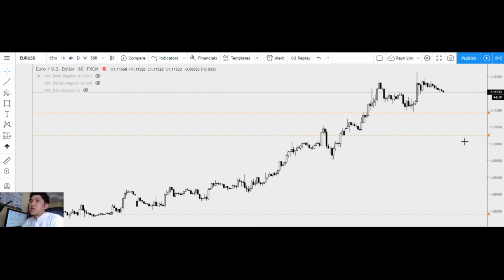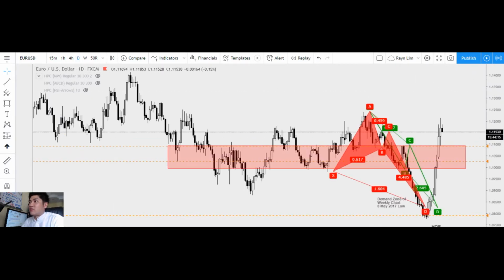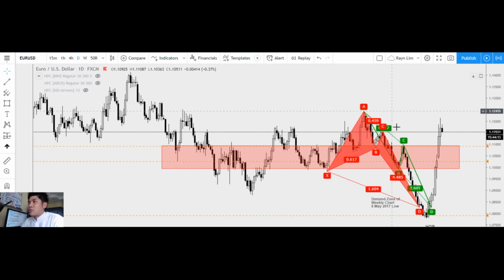Alright, good. So back to the daily chart, let me share with you my analysis over here. This was the bullish crab and ABCD pattern I shared two weeks ago on our weekly market analysis. So check out the link on my Facebook, and under this TradingView signature, you will get this analysis posted on my Facebook every Monday from 8:15 p.m. Singapore time.